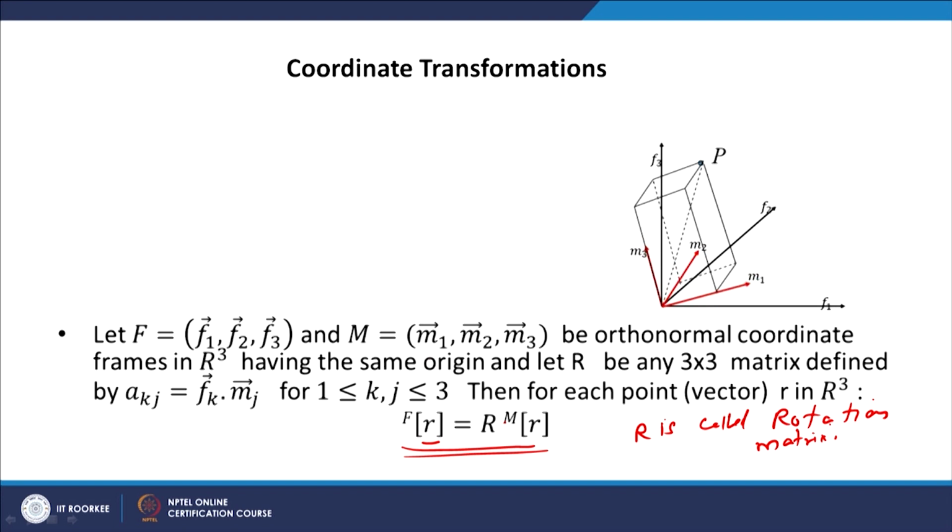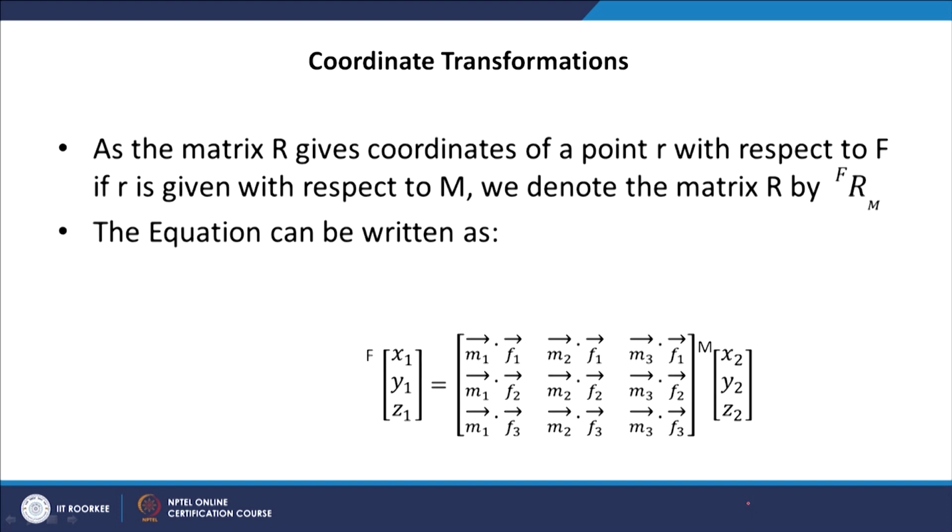Because we can obtain the M frame by making a suitable rotation with respect to the F frame, the R is called the rotation matrix and the relation is given by this expression. So, we will see how this R matrix can be obtained from F1, F2, F3 and M1, M2, M3.